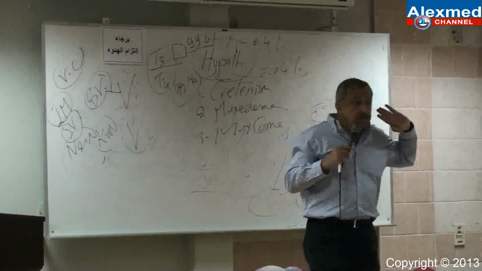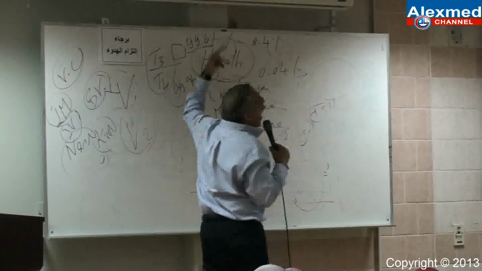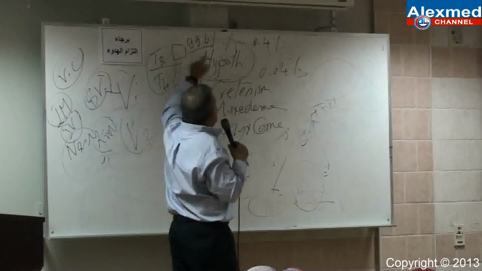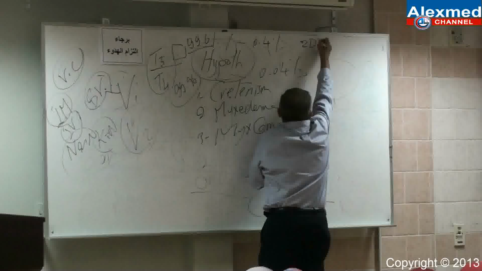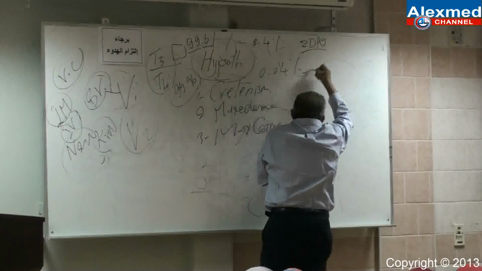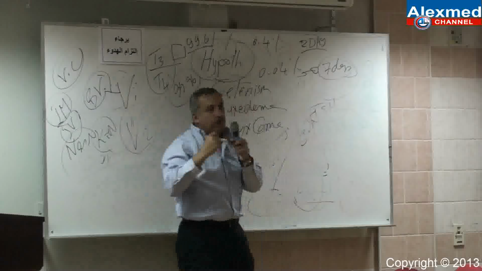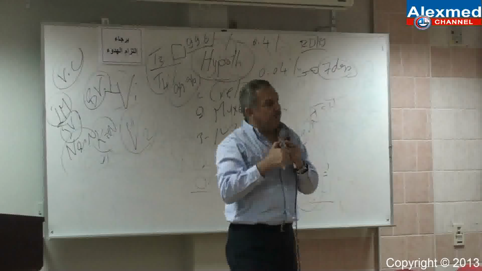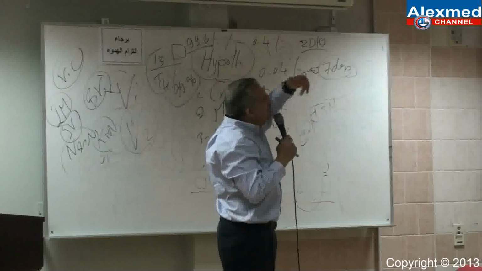The T-half here is 2 days. The T-half here is 7 days. Because the binding is more. And this is a rule: the more the bound, the more the duration.